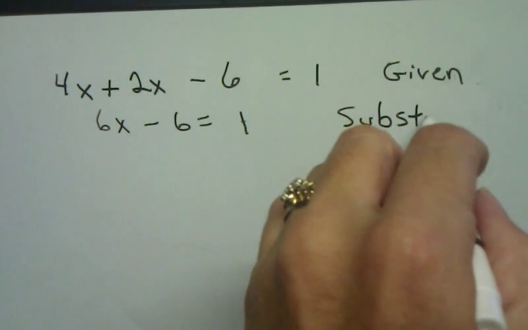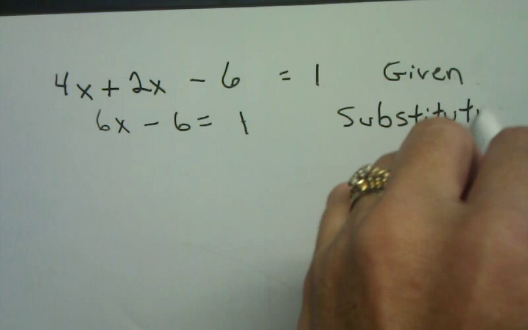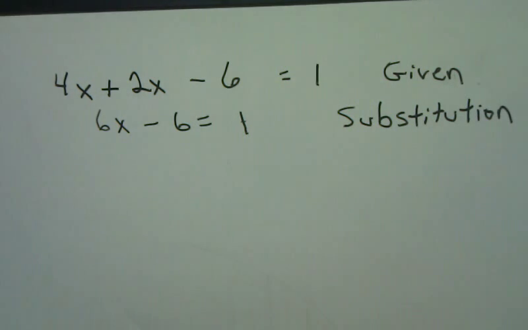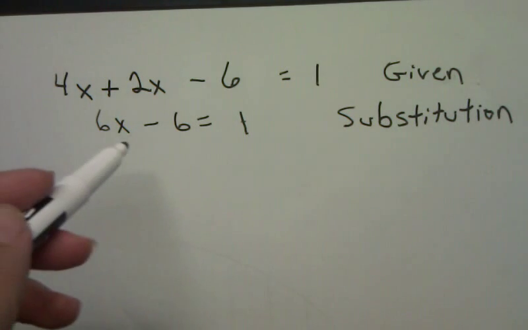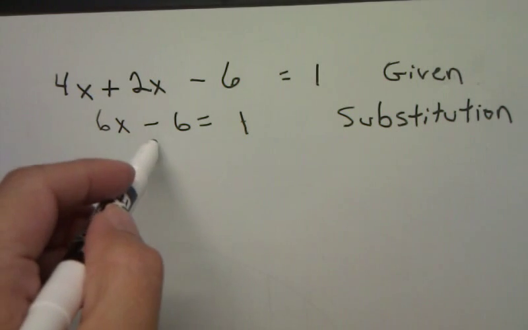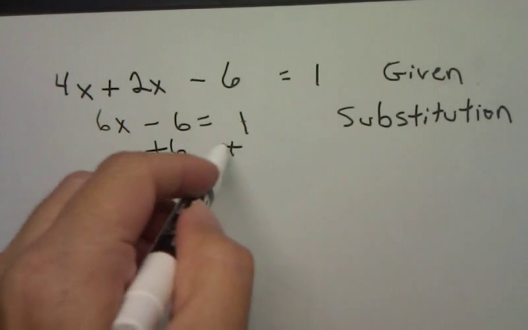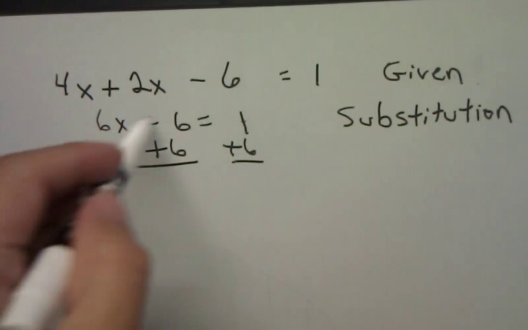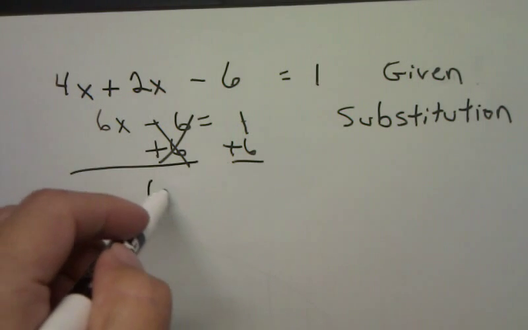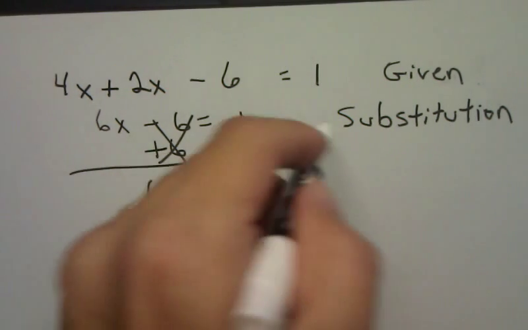So substitution. Now we know we have to add 6 to both sides. 6x equals 7.